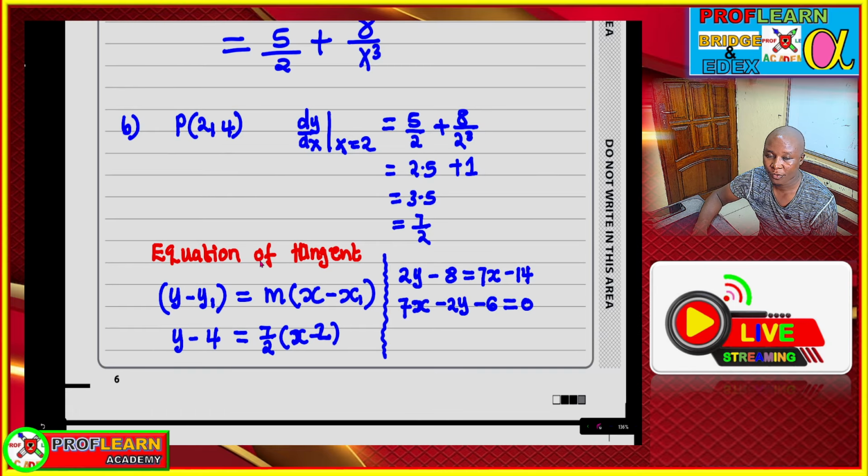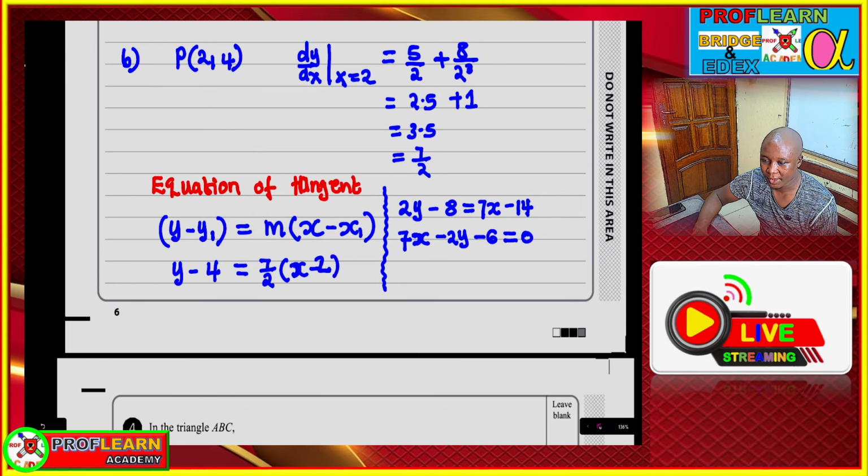Then now we can find the equation of the tangent, because the tangent and the curve have the same gradient. So since the gradient of the curve at 2 is 7 over 2, then it means the gradient of the tangent is also 7 over 2. So you'll go ahead and work out the equation of the tangent using this formula that I've highlighted here.